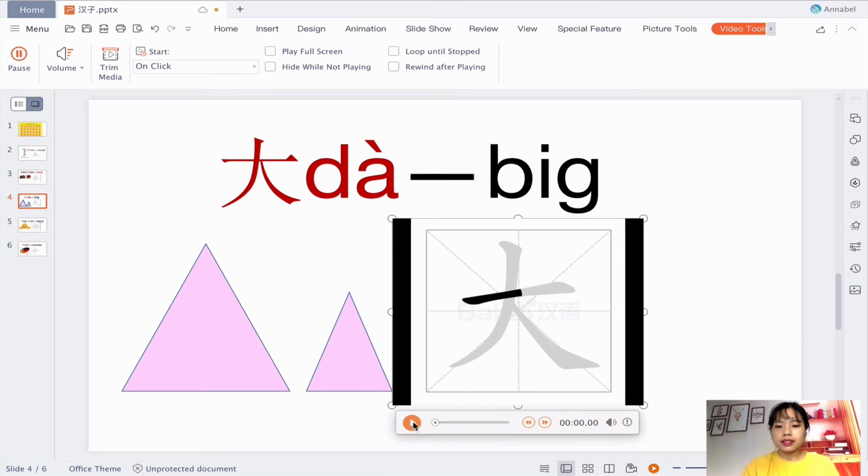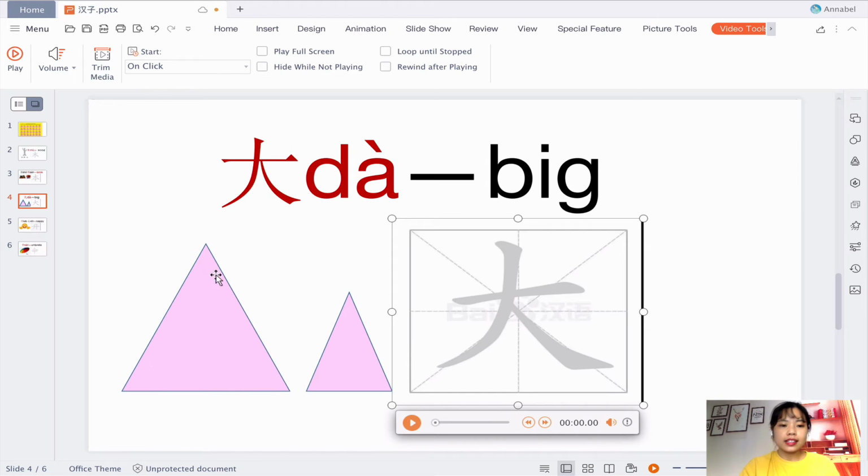Now let's see how to write. 横撇捺. 这个是大的三角形，这一个是小的三角形，这个三角形比这个三角形大。This triangle is bigger than this triangle, right? 大, big. Let's write it.